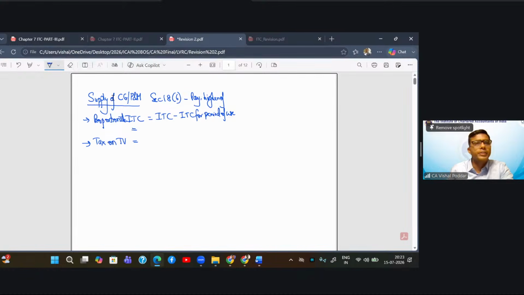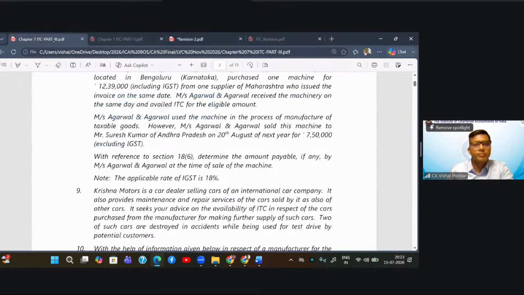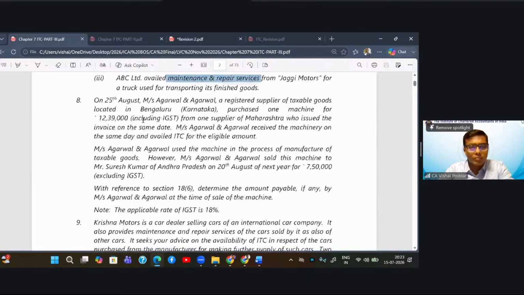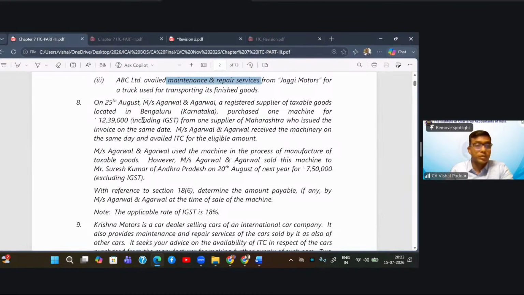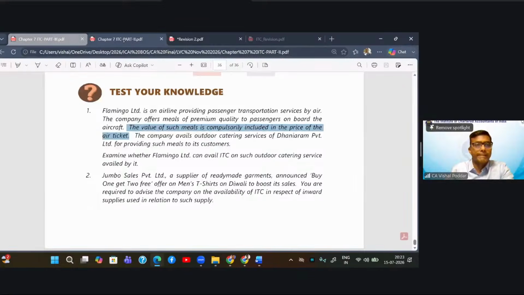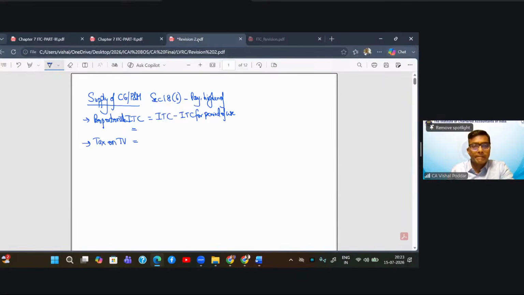Now, how much is ITC? My total value is 1239 including GST, so 1239 into 18 upon 118. So this is your ITC.